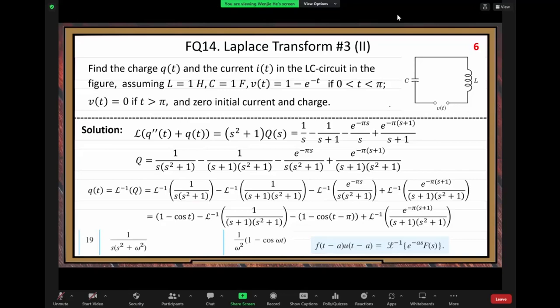In our first shifting theorem, the shift occurs at the t side, not the s side. In our second shifting theorem, the shift operation occurs at the s side. So here we need to apply the second shifting theorem.